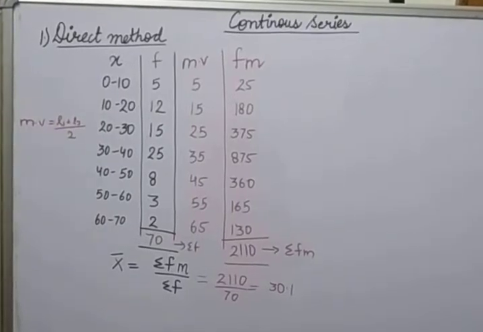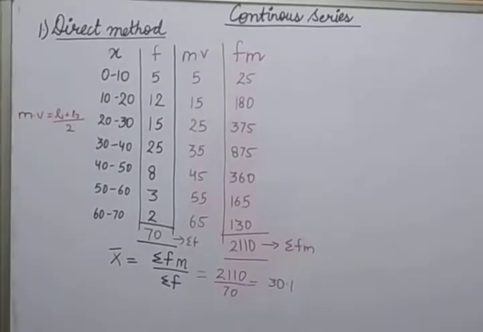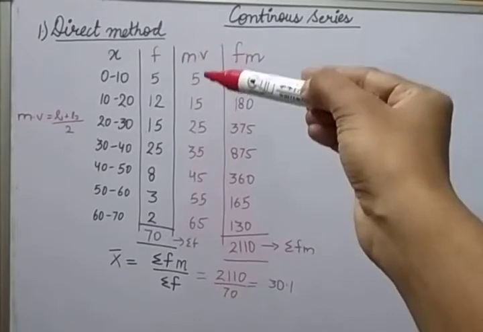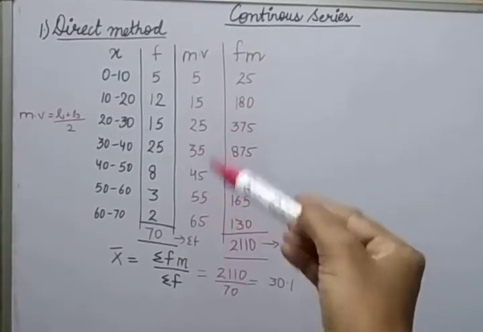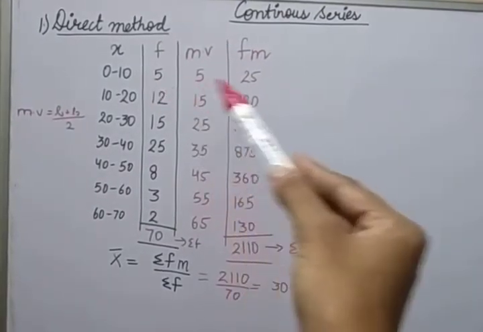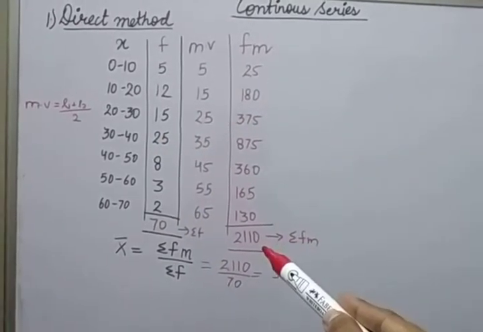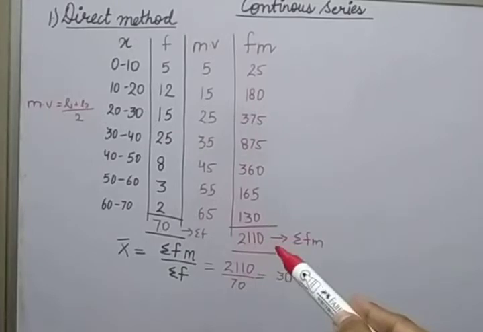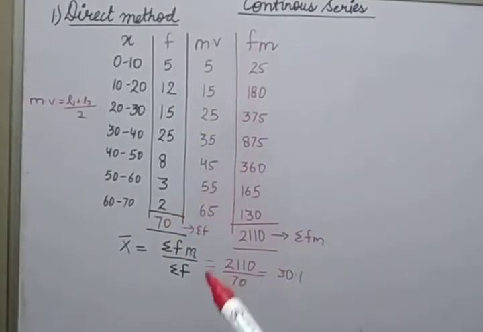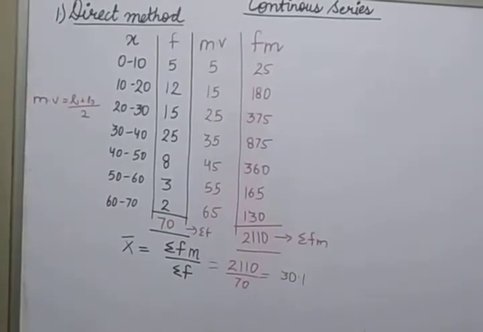In the continuous series direct method, your first step is to convert the class interval into the mid value. The second step, multiply the mid value with the frequencies. After that, add all the fm, which gives 2110, add the total of all the frequencies, and put the values in the formula.